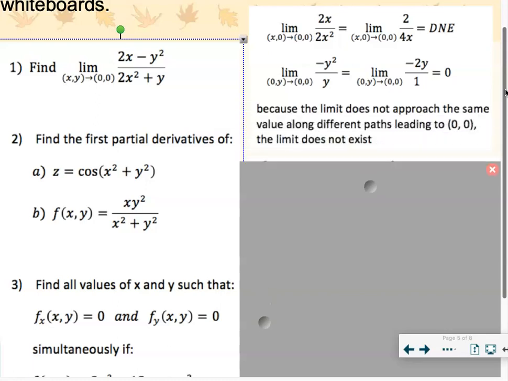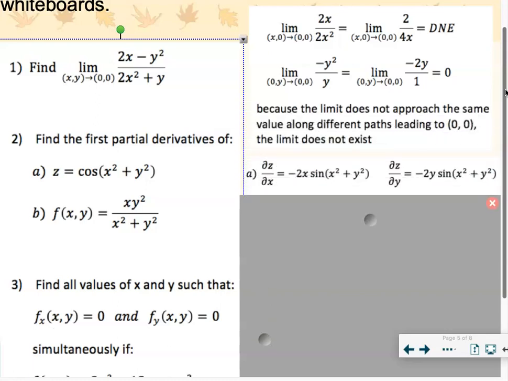So if you're doing partial x, then you would have negative sine x squared plus y squared times 2x, right? And then that would just be gone, go to 0. And then if you're doing partial y, you have negative sine of x squared plus y squared times 2y. So flipping them around, good.